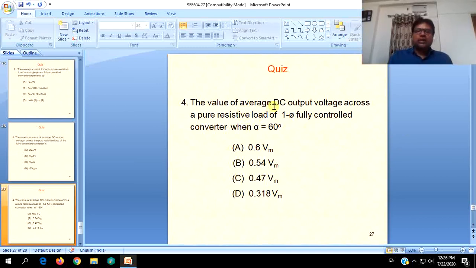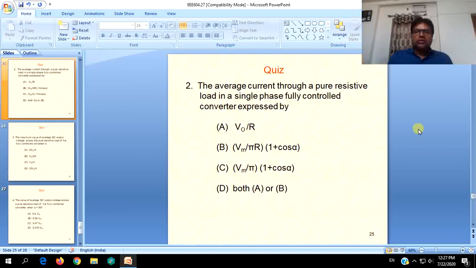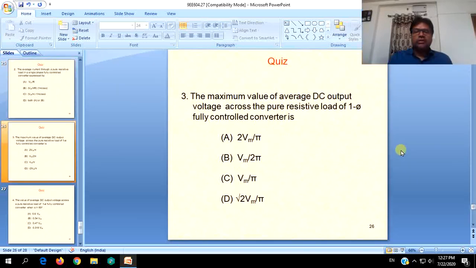The value of average DC output voltage across a pure resistive load of a single phase fully controlled converter when alpha is equal to 60 degrees. Substitute alpha equal to 60 degrees in cos alpha. The DC output voltage equation is Vm by pi into 1 plus cos 60. Cos 60 is half, so it is 3 by 2, which is 1.5.